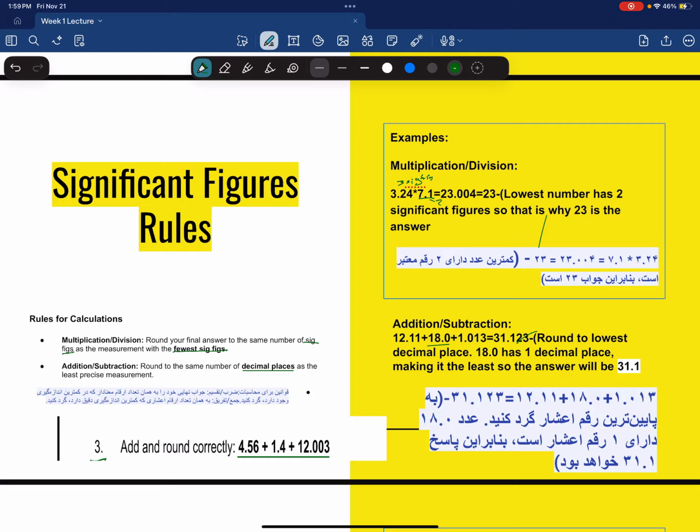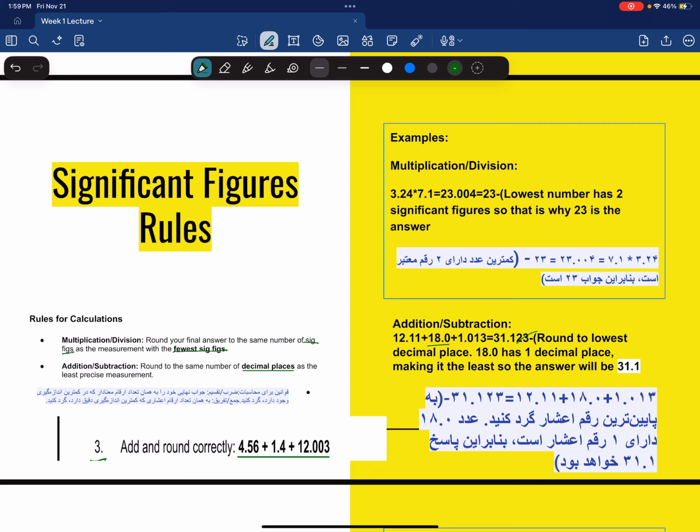And similar rules apply to multiplication and division. For multiplication and division, round your final answer to the same number of significant figures as the measurement with the fewest significant figures.